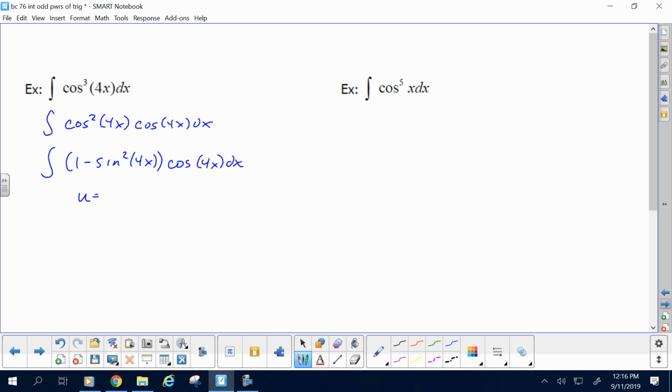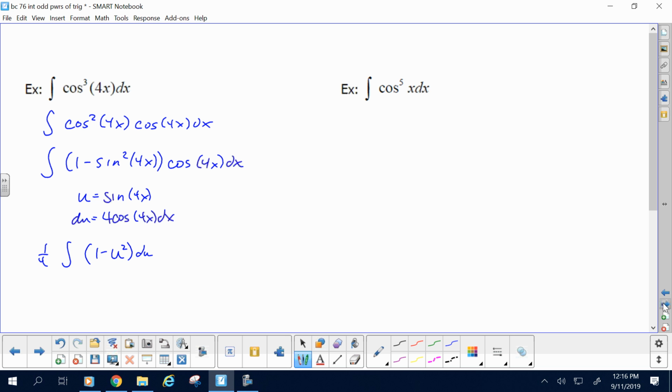Let u equal sine of 4x, so du is 4 cosine of 4x dx. With substitution then, the binomial becomes 1 minus u squared, and what about cosine of 4x dx? What does it get replaced by? 1/4 du, yeah?